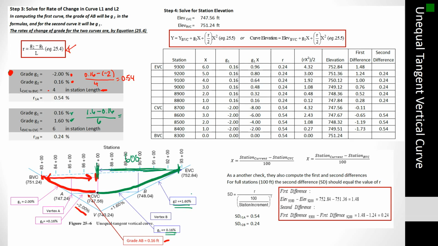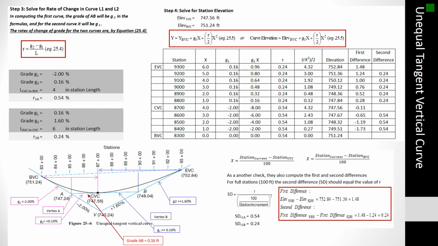Divided by 6 is equal to 0.24. So there's actually two R's in here, and I call them R1 and R2. So 1 goes with curve 1, and 2 goes with curve 2. Okay, so I'm going to clear that out.